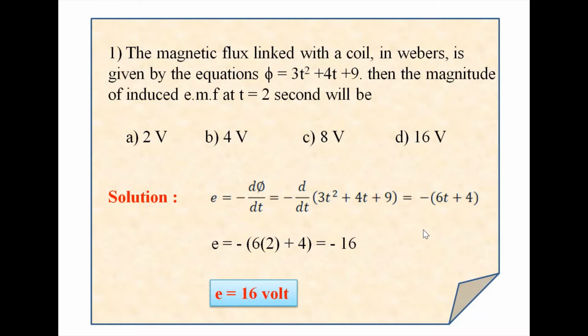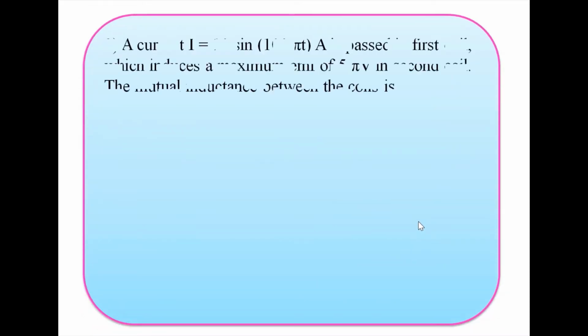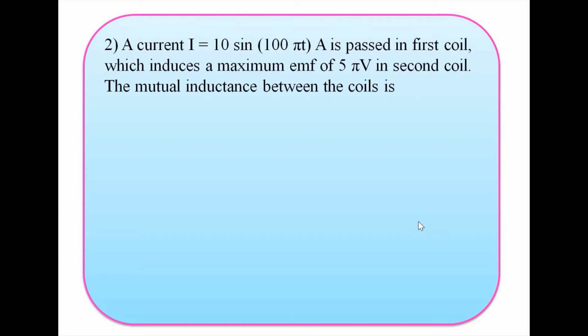Let's see the next objective. A current I equals 10 sin(100 pi t) ampere is passed in the first coil, which induces a maximum EMF of 5 pi volt in the second coil.